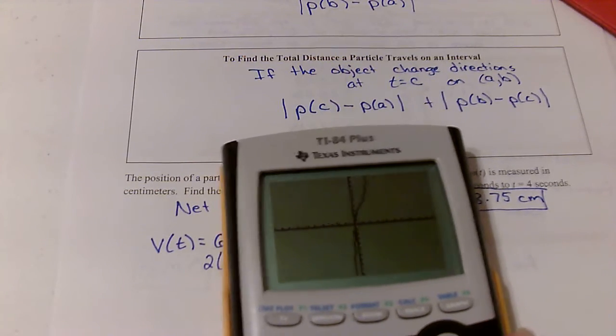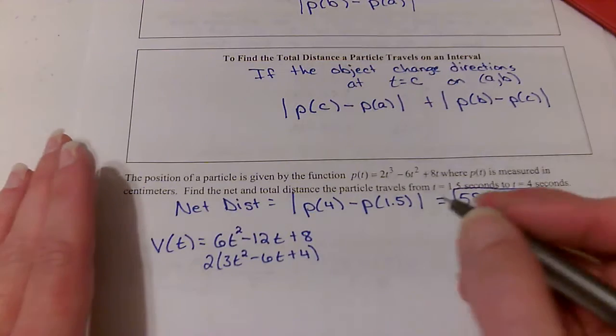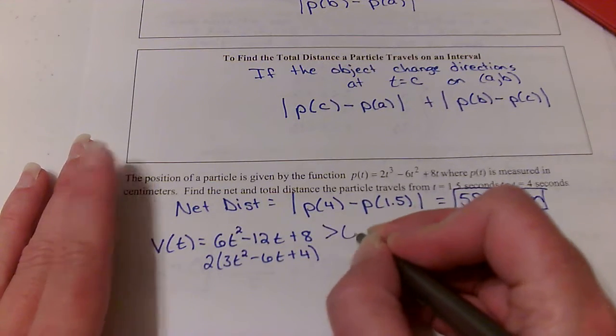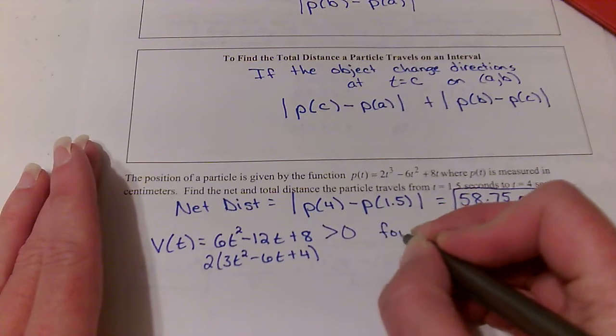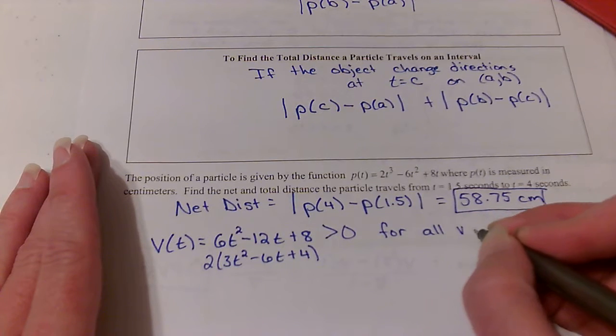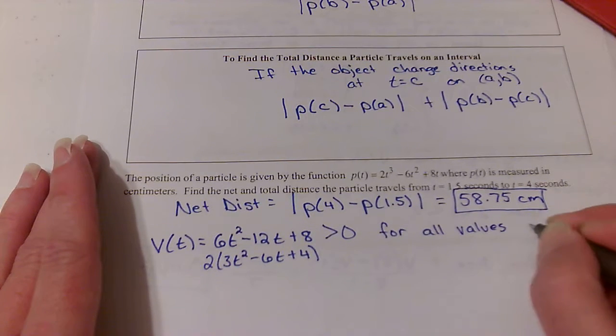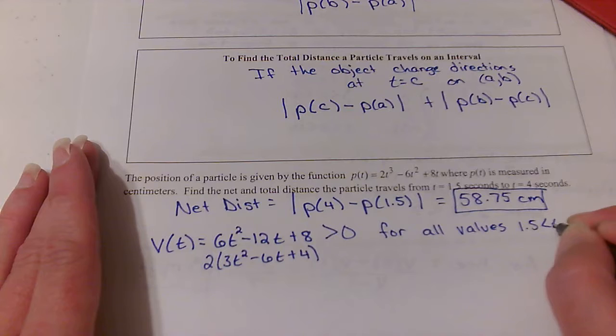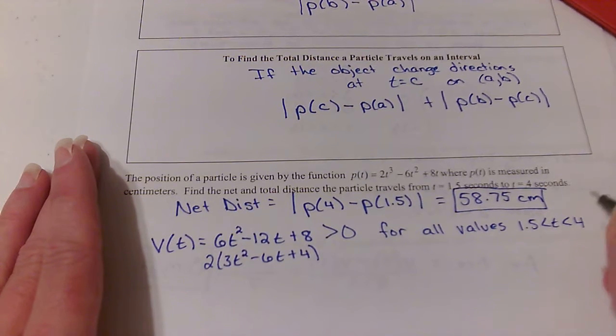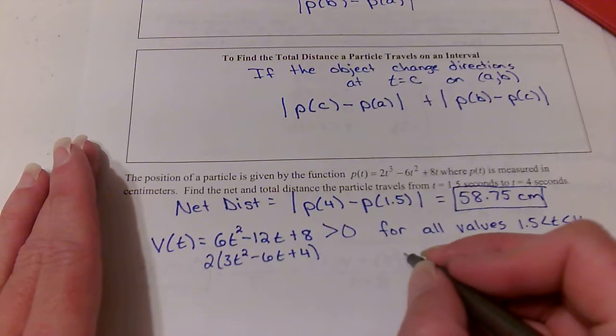So if it's increasing, then velocity is positive for all values in that range. So what does that mean?